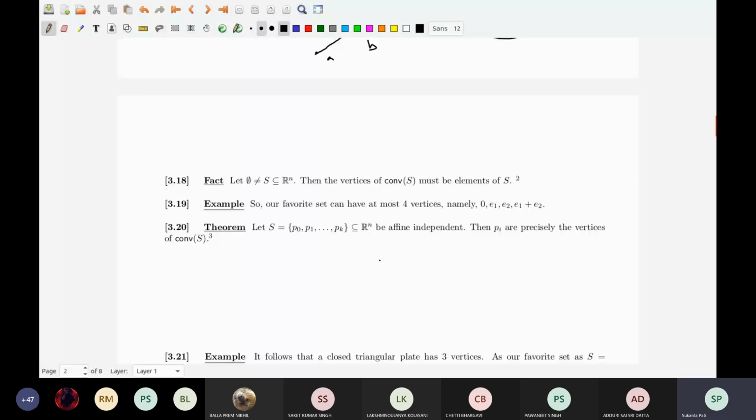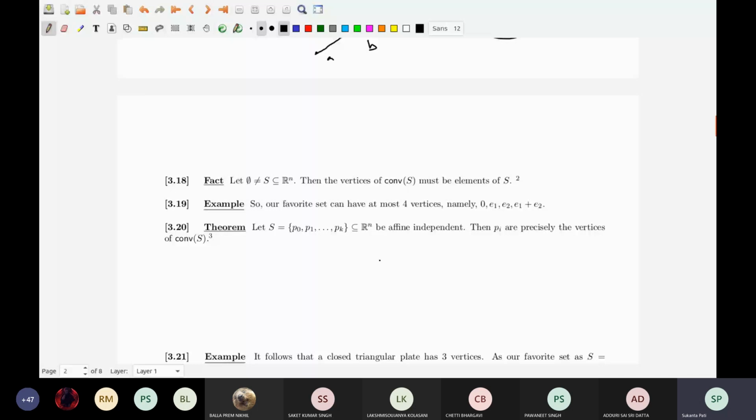If you see one point in the convex hull which is not a point of S, how did we get it? You got it as a convex combination of some points, something like this: X equals lambda 1 S1 plus up to lambda k Sk.